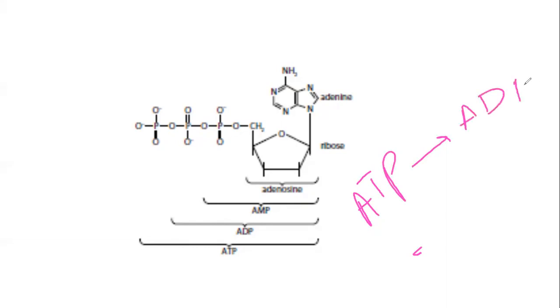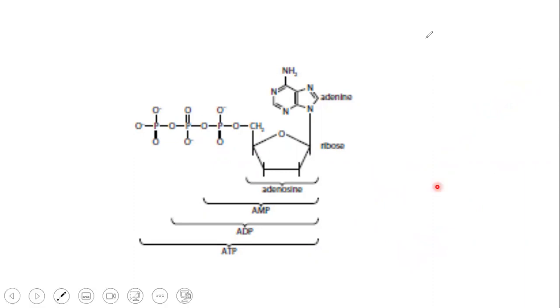And generally, when we are making energy, when we're making ATP, and where do you make ATP? You make it in your mitochondria. So when you're making ATP inside the mitochondria, you do the opposite. You take your ADP and you turn it back to ATP. So that is how ATP actually works.